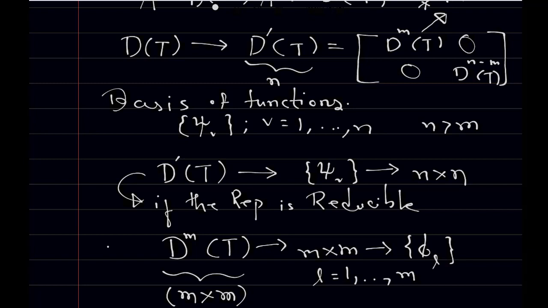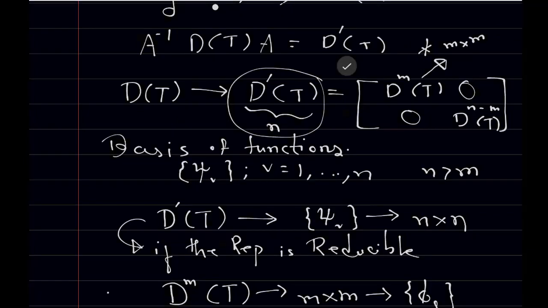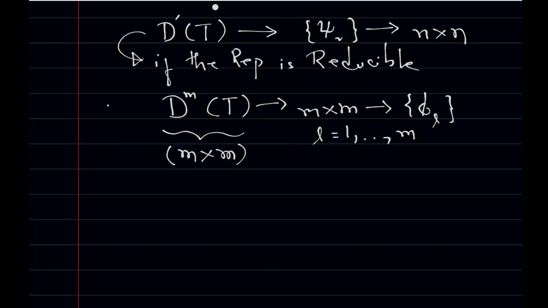By using the above argument, I can write that operator O of R acting on the basis functions will give me some result which can be written in terms of coefficients.